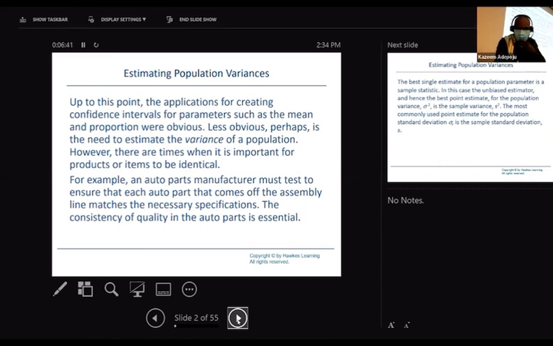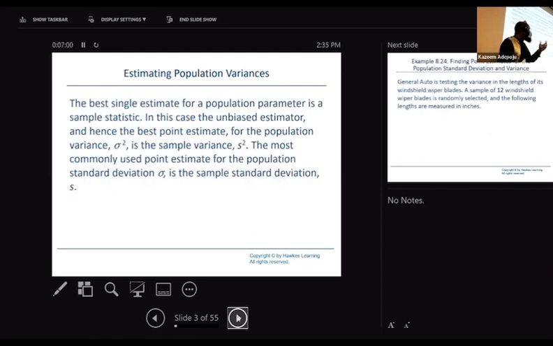Okay. And that was why I said the consistency of quality in the auto part is very, very essential. And the only way to do that is to have a way to estimate the population variance or the population standard deviation.